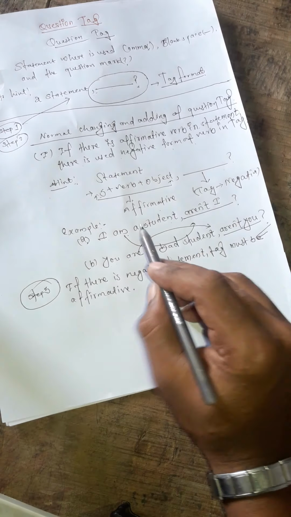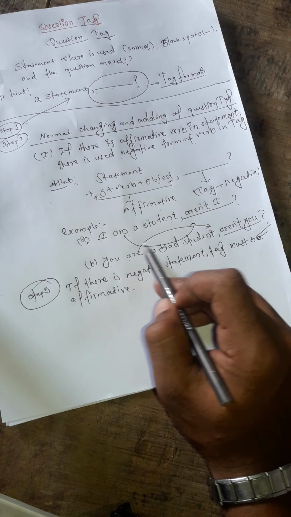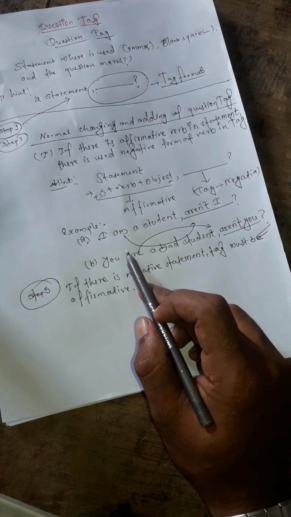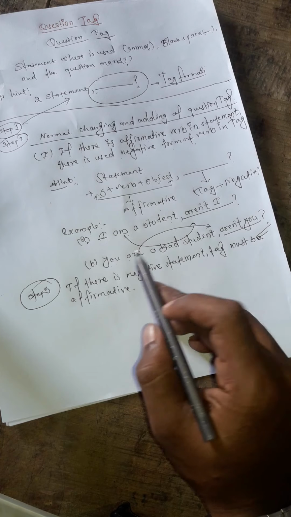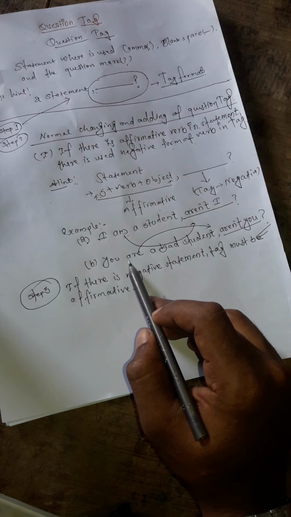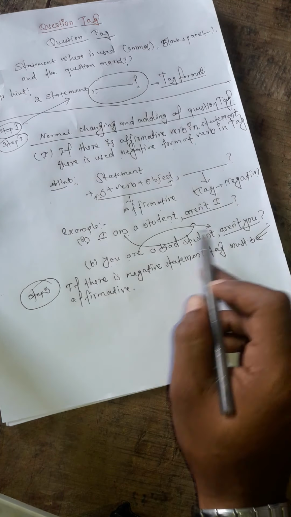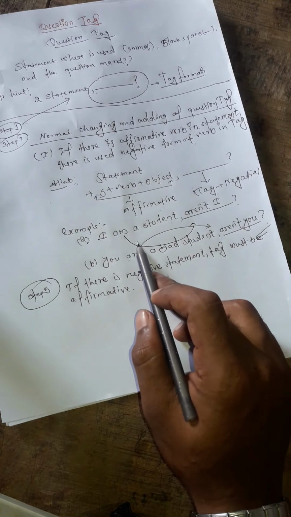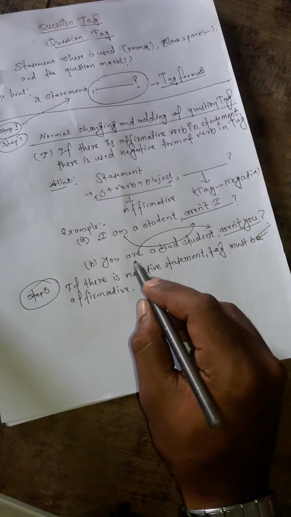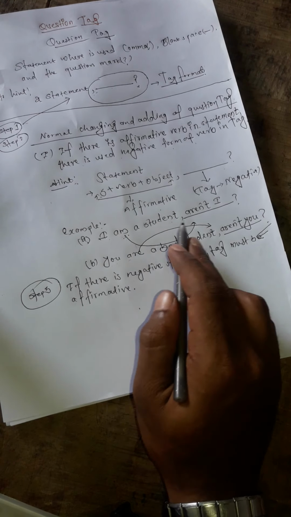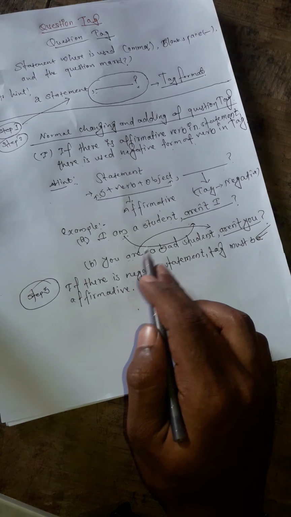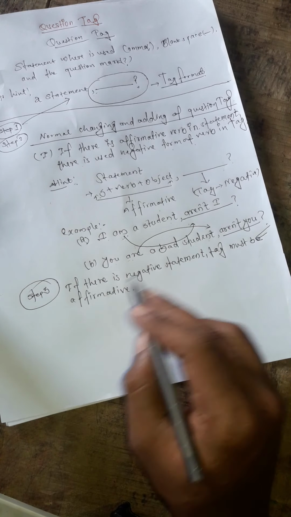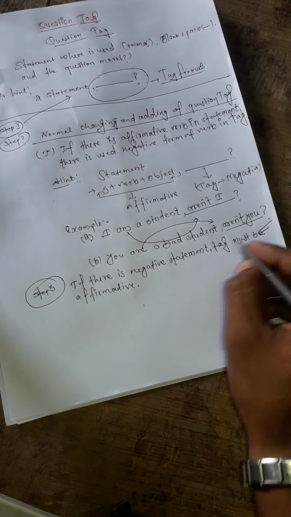That means same format as if am is changed into aren't, are is changed into aren't. That means are was affirmative and aren't was negative. Am was affirmative and aren't was negative. Therefore, similarly, we have to change here. If there is negative, there is written affirmative. So if there is a negative statement, tag must be affirmative.